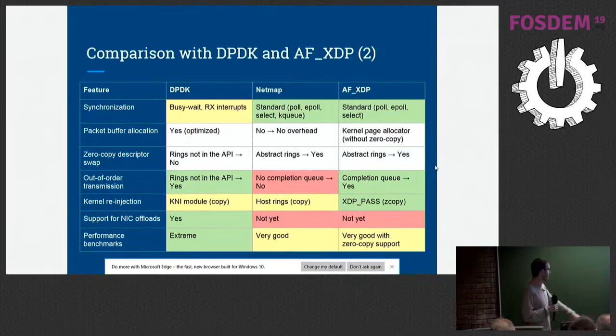Of course, DPDK has extreme performance. When I prepared this comparison, it was very clear that if you want the best performance, you must use DPDK, because with Netmap and AF_XDP we are still using system calls, which has an overhead and comes with advantages in terms of improved isolation and standard synchronization. But if all you want is performance, you should use DPDK.